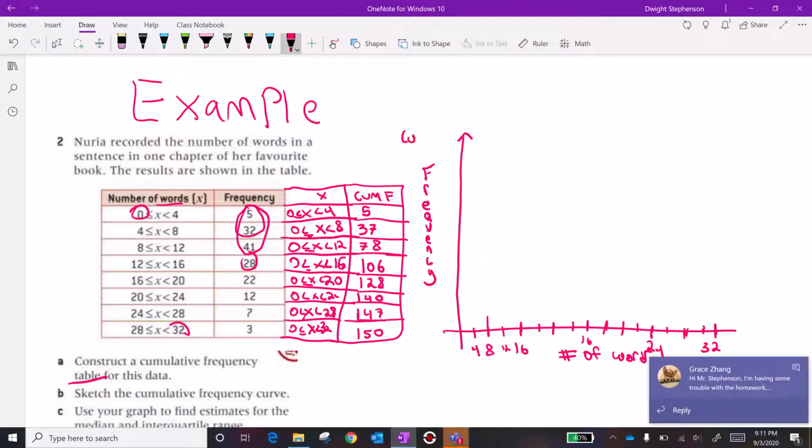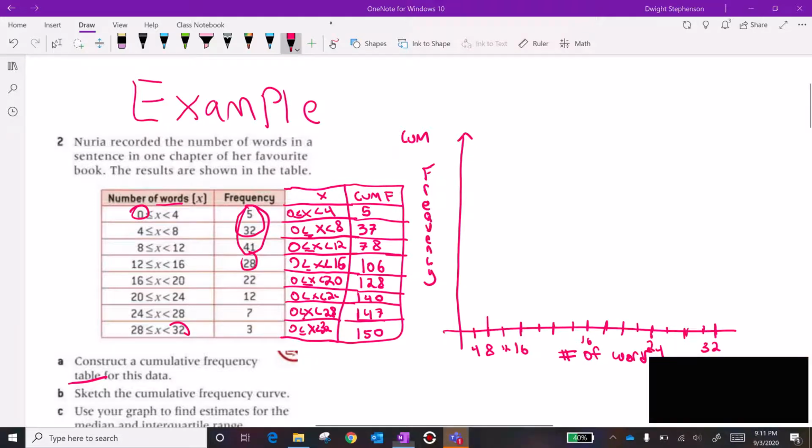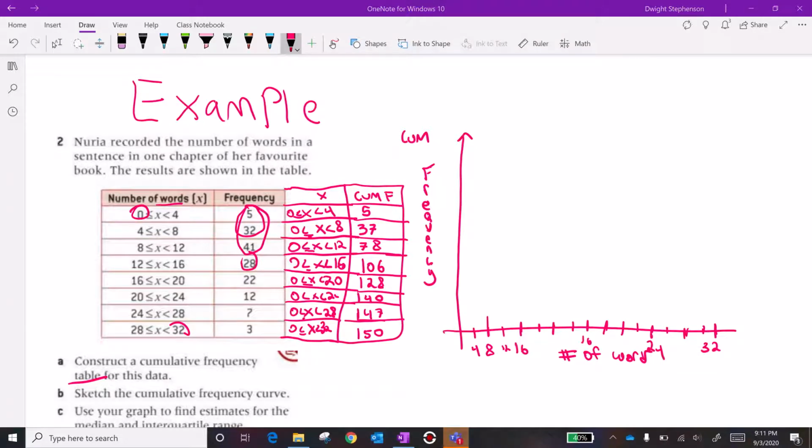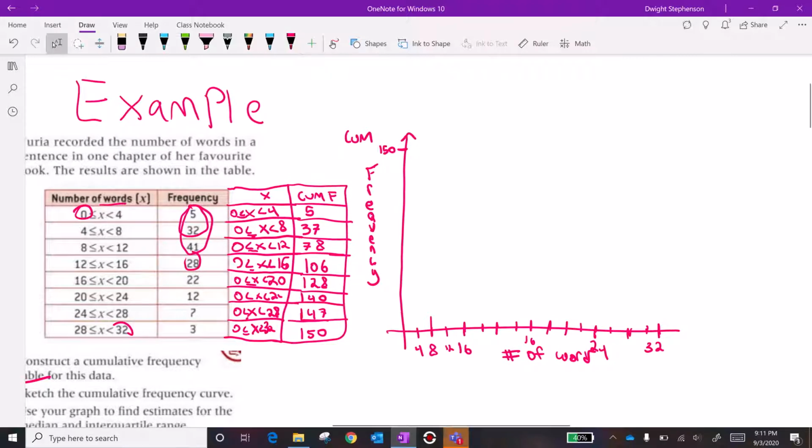This is going to be cumulative frequency. And there we need to get all the way up to 150, right? So the max we need to get up to is 150. Let's go ahead and count by tens. So let's just try this. 10, 20, 30, 40, 50, 60, 70, 80, 90.